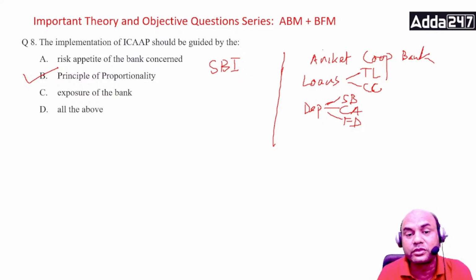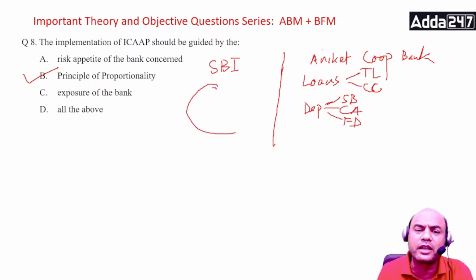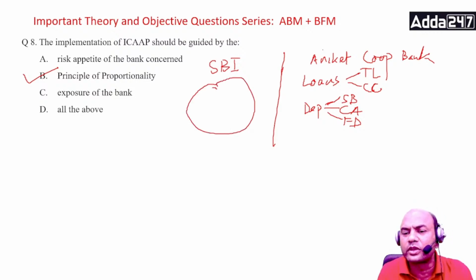Now whose overall circumference or area is bigger? SBI has a much bigger area, whereas this bank has only this much area. Now tell me, can you apply the same rules to SBI and Aniket Cooperative Bank? No, you can't.